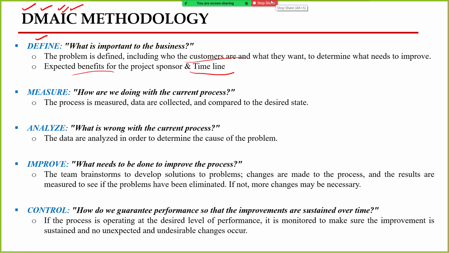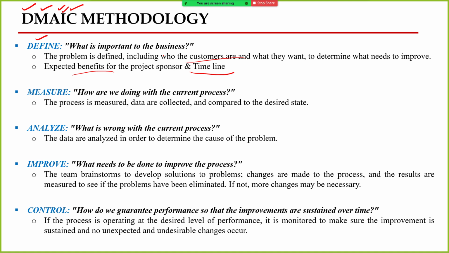Using those tools and techniques, we try to answer these questions in the define phase. We develop a project charter in which we answer what problem we are going to solve in this project, and how much improvement we have set as a target.